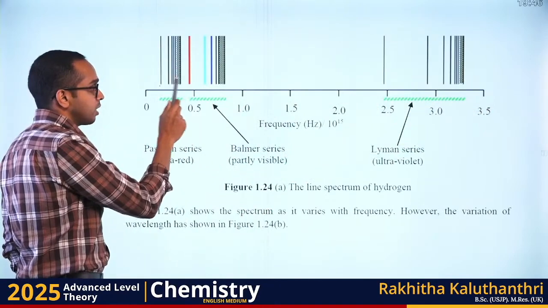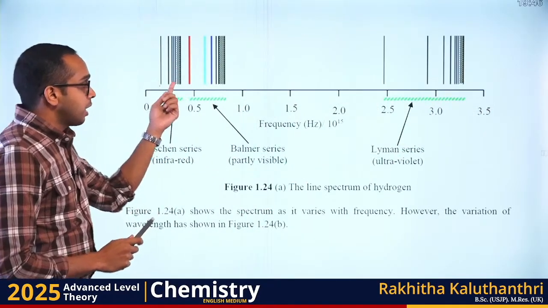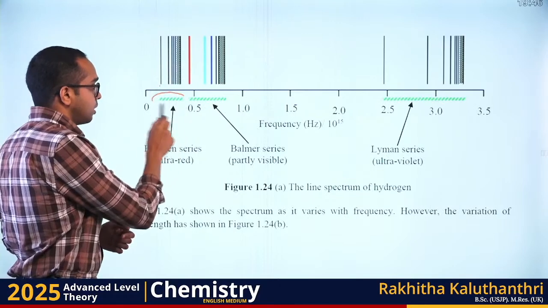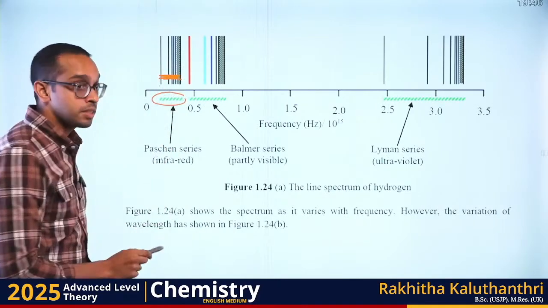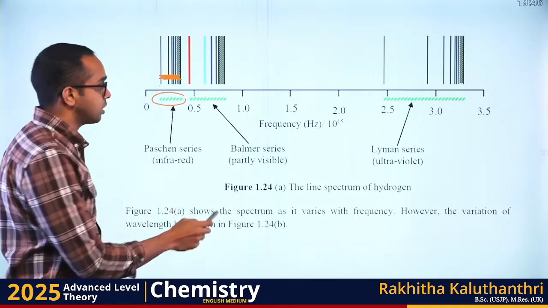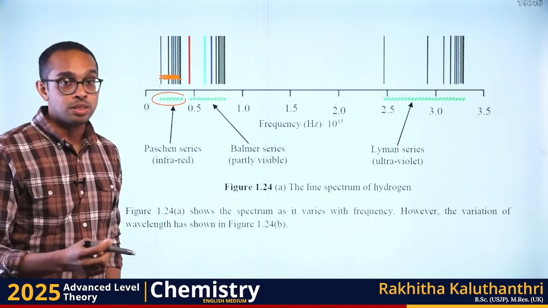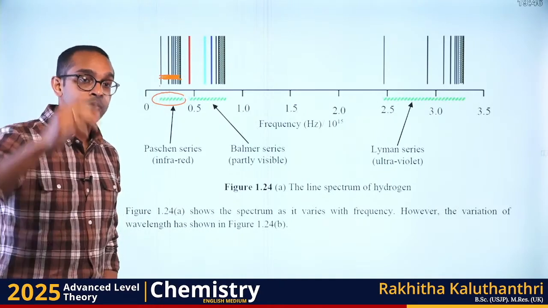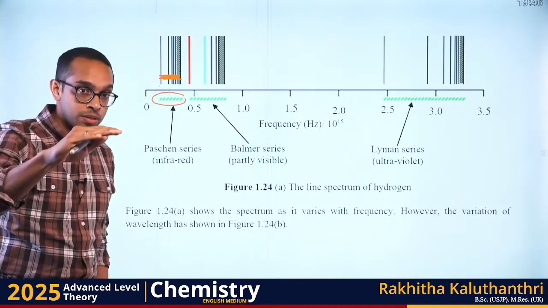You can see there are a few lines indicated here, and this indicates a single series, which is the Paschen series. So these are the Paschen series related frequency values. The Paschen series is produced, according to what we learned, when electrons transition from high energy levels to the third energy level.